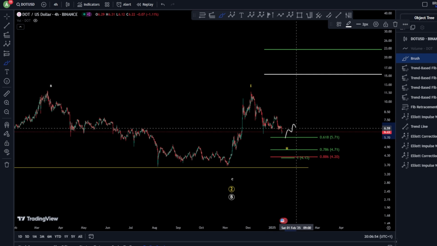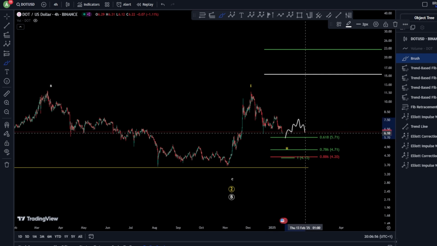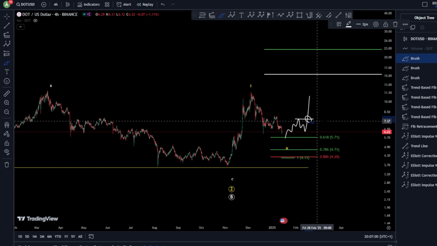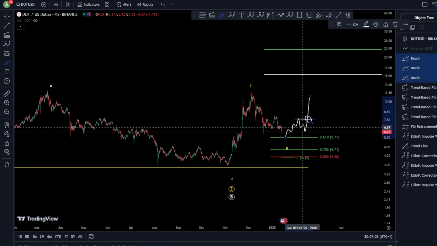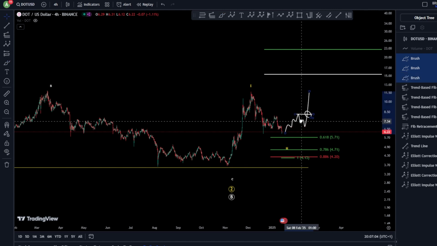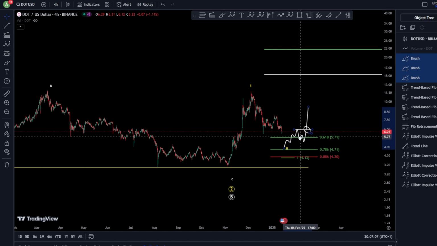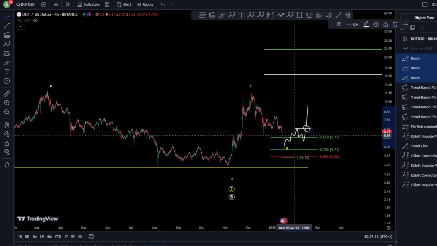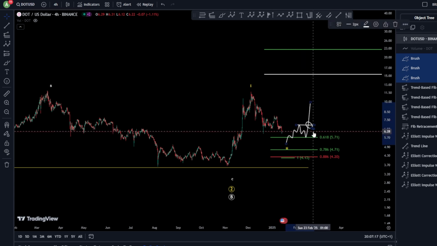So 1, 2, 3, 4, 5, 3 waves down, continuation. This is your confirmation again. This pattern should repeat anywhere starting from here or anywhere in this area. Anywhere in this area you see this pattern and of course continuation toward the upside, this is a confirmation level for a bullish scenario.